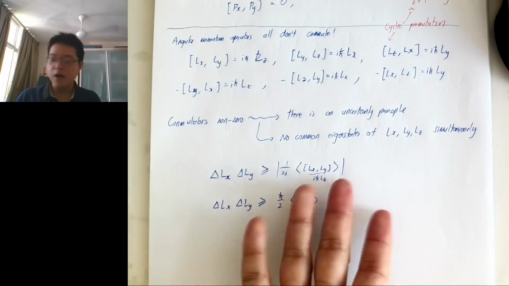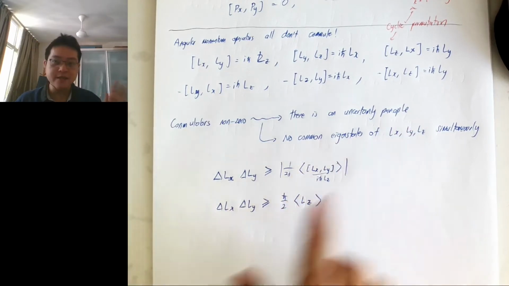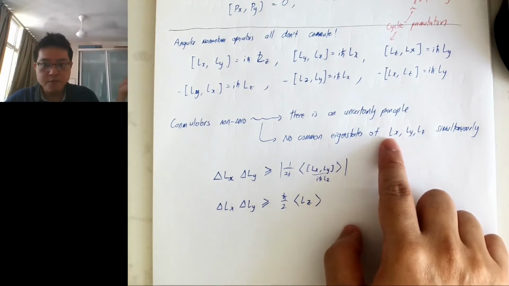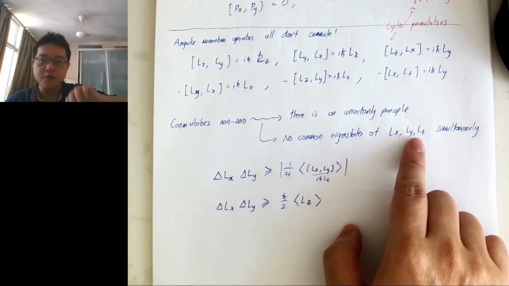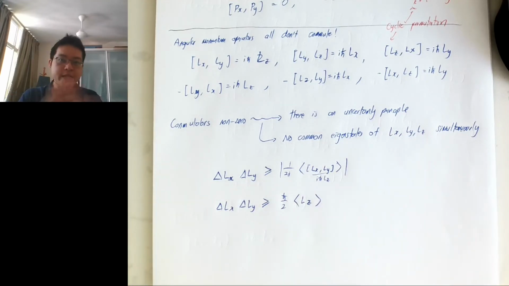But then we already encountered a problem. We can't find the eigenstates. All these operators do not commute with each other. So eigenstates of Lx cannot be the same eigenstate of Ly, or the same eigenstate of Lz. Nobody commutes with each other. So this seems to be a problem.